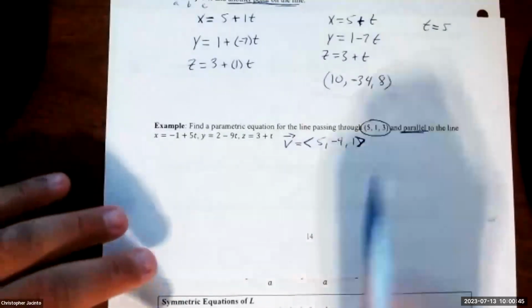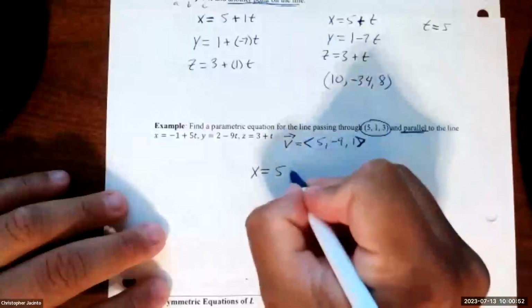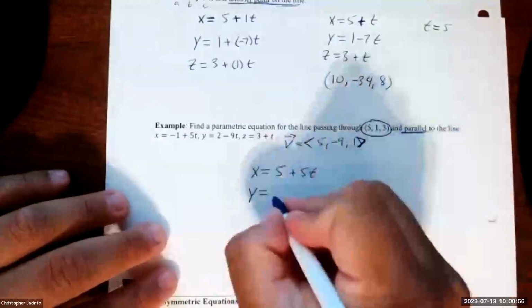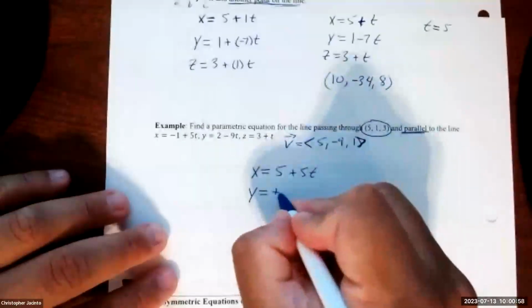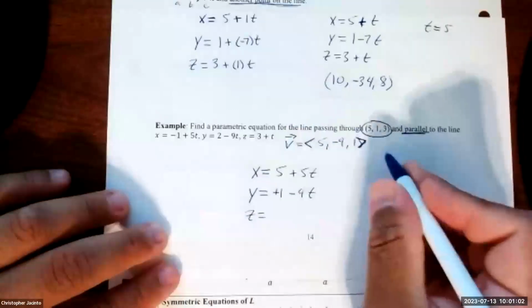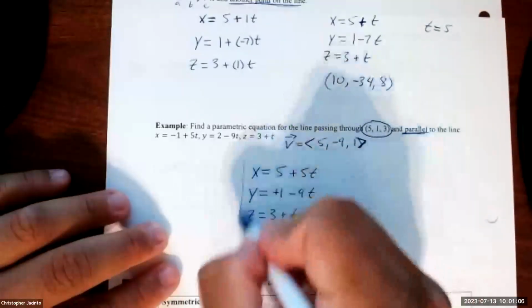And again, now at this point, since we have it, we could just find the line. So x equals 5 plus 5t. y is 1 minus 9t. And then z is 3 plus t.